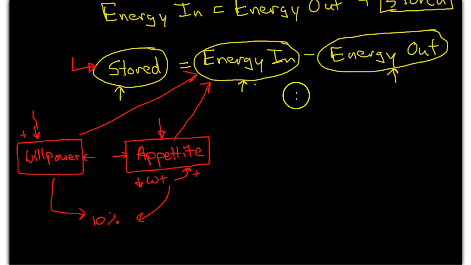Okay, so let's talk about energy out. This gets even more interesting because, again, we think of it just about eating less and exercising more. Well, the fact is that exercise actually only accounts for about 10% of the energy we use from a day-to-day basis. What makes up the 90%?